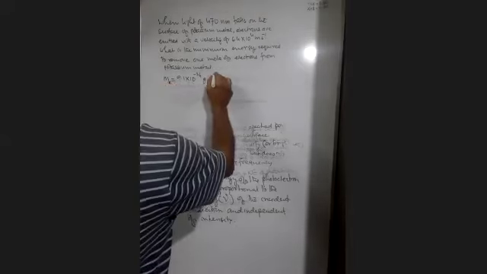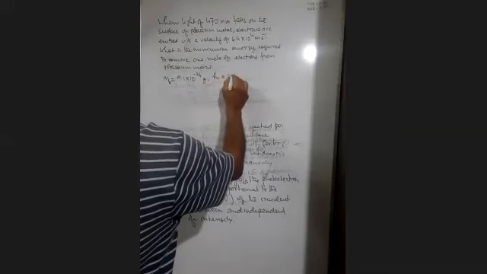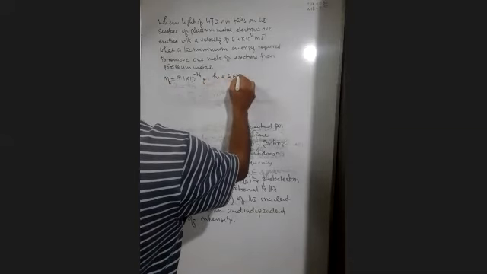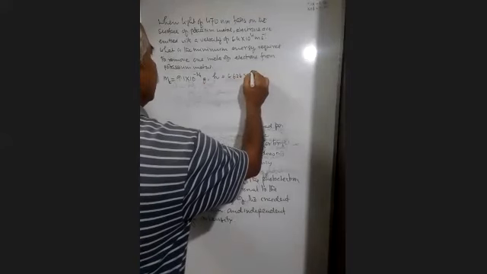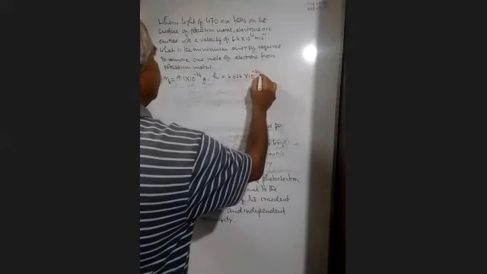Then what is the value of h? 6.626 into 10 to the power minus 34 joule second. Okay.